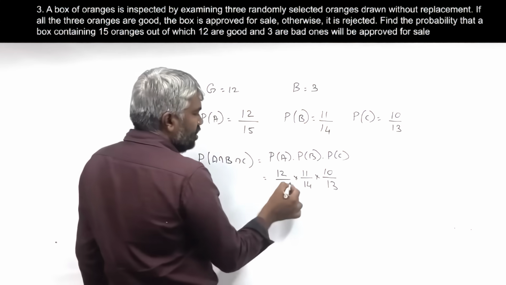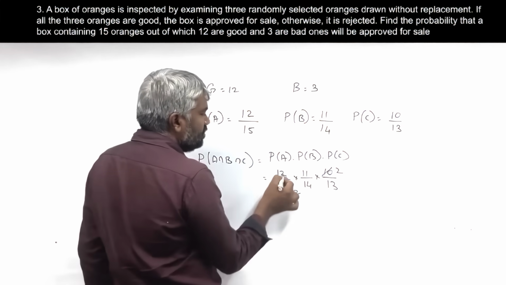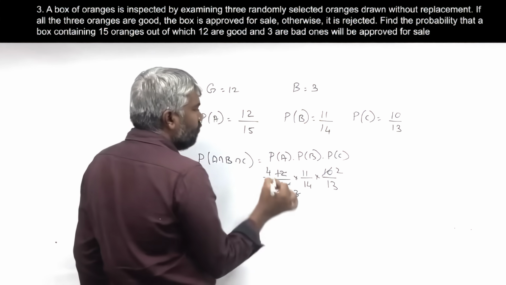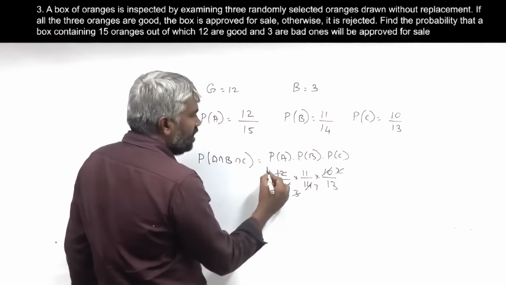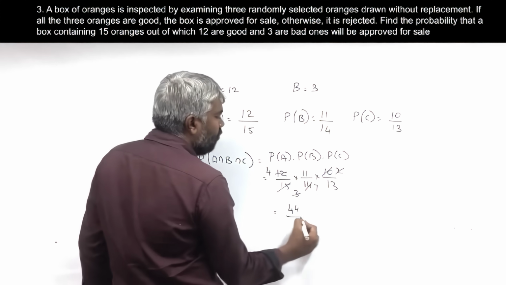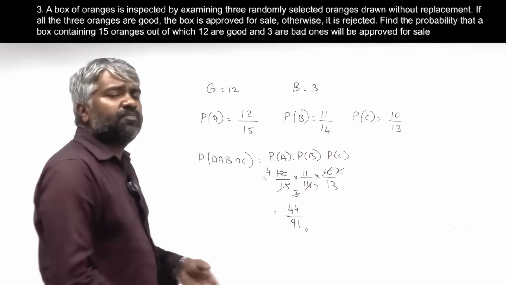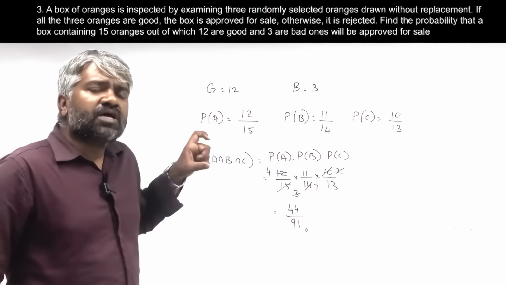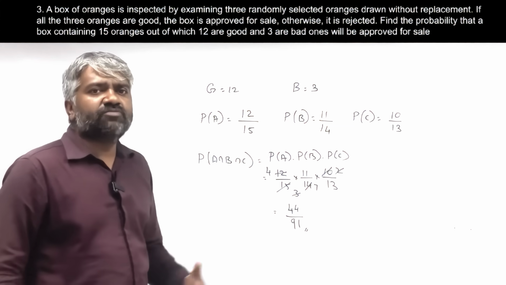Dividing by 3, 12 by 15 becomes 4 by 5, and 14 is 2 times 7. Multiply the numbers in the numerator: 4 into 11 is 44, and 7 into 13 is 91. So this is the probability that the box will be approved for the sale. Now we can move to the next question.